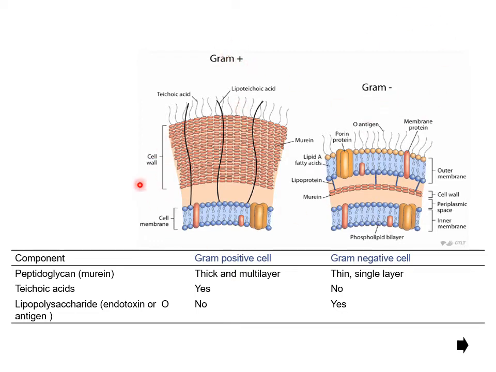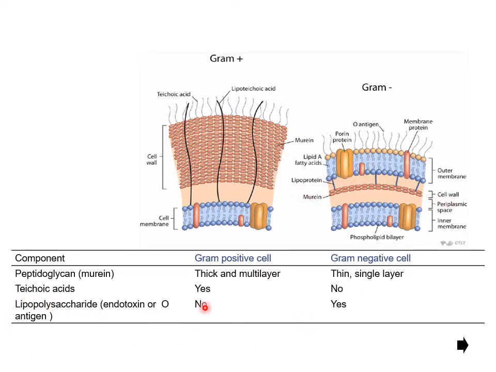This thickness is actually contributed by the cell wall, and all of this complicated cell wall is called the peptidoglycan layer or murein layer. So murein or peptidoglycan is the same word for the same structure, and it's very thick in gram positive cells, while in gram negative cells it's very thin. Here it is, this thin layer in between.